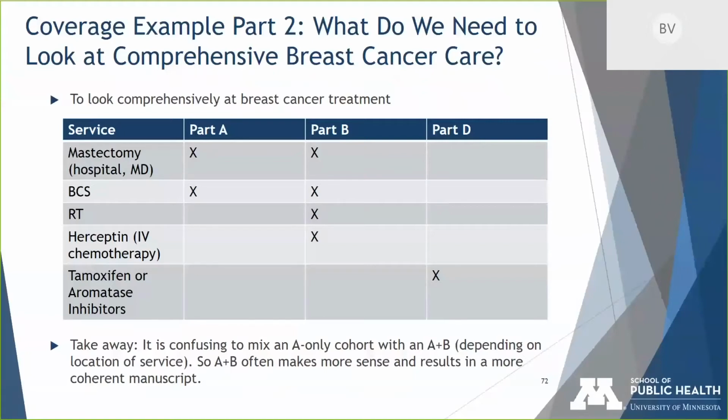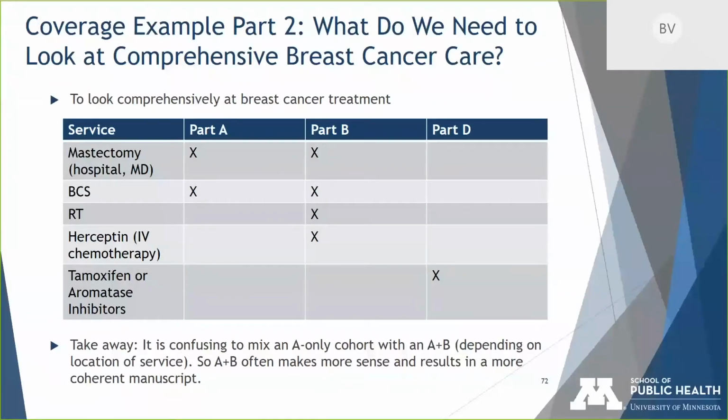Finally, in this table, we have summarized how you would look for chemotherapy treatments. Again, we'll get into more detail on this too, but at a high level, where you look for chemotherapy and how it's covered depends on the drug and how it's available and for what indication it is being prescribed.